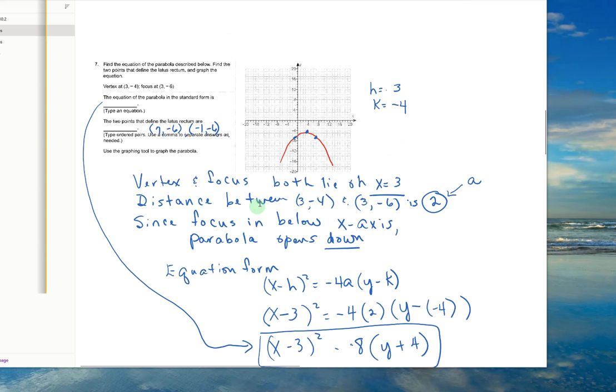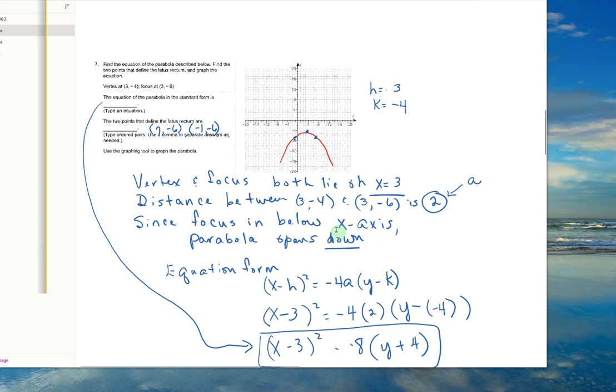The distance between (3, -4) and (3, -6) is 2. Where did we get the -6? Right here, you've got a focus at (3, -6), and the vertex at -4. So the distance between those two is 2. That means your a is 2.